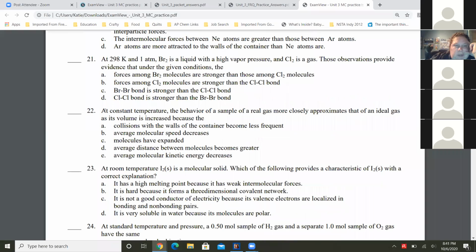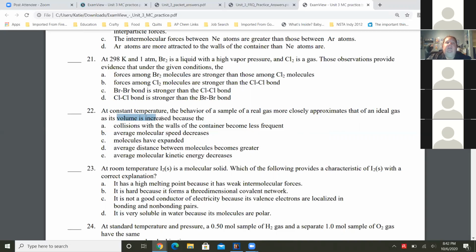All right, so at a constant temperature, the behavior of a real gas. When they say real gas, they mean something that's not acting ideally. More closely approximates that of an ideal gas as its volume is increased, because, so this goes back to all of those things about what causes gases to behave ideally or not ideally.